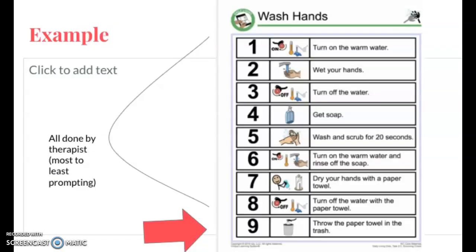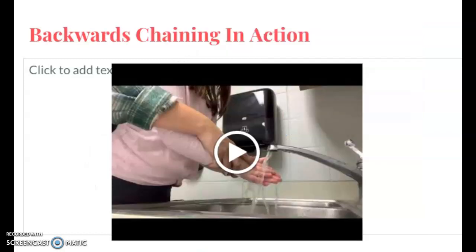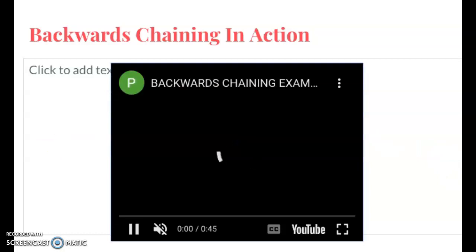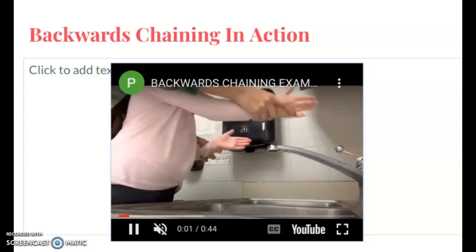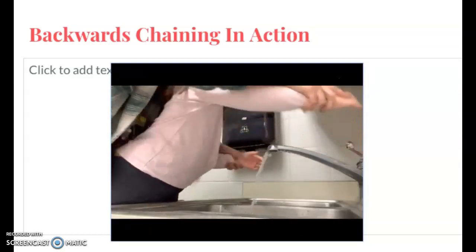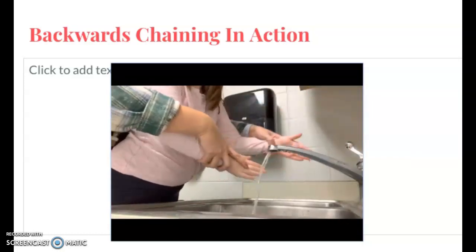And this is the same exact task analysis as before, but I put the arrow at the bottom to show that's the step that we're teaching independently first. So here is my example of backwards chaining in action. As you can see, I am full physically prompting the student through every step.